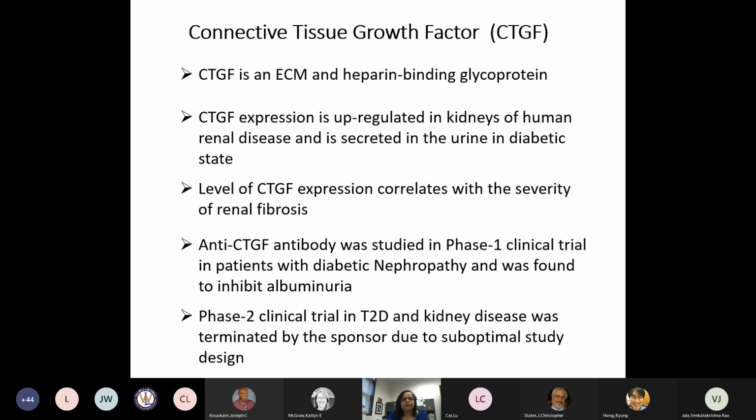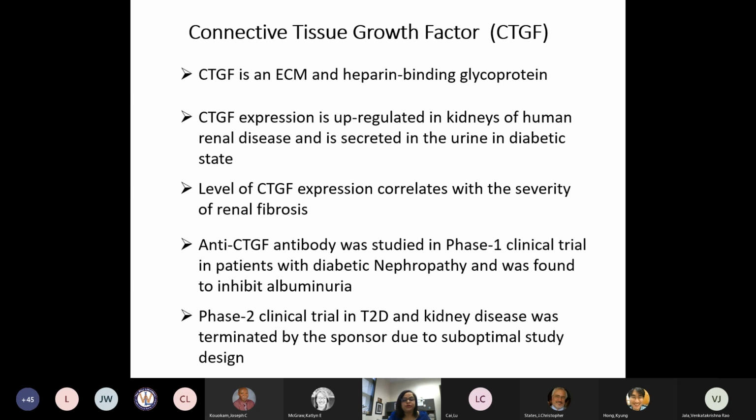Connective tissue growth factor is expressed in diabetic kidneys as well as in the urine of diabetic patients, and its expression is usually correlated with the severity of renal fibrosis. This led to a phase 1 clinical trial using an anti-CTGF antibody, and they found promising results as it was found to inhibit albuminuria.